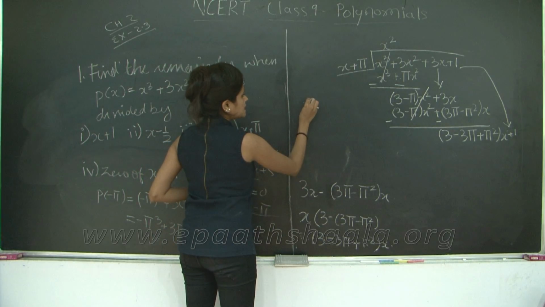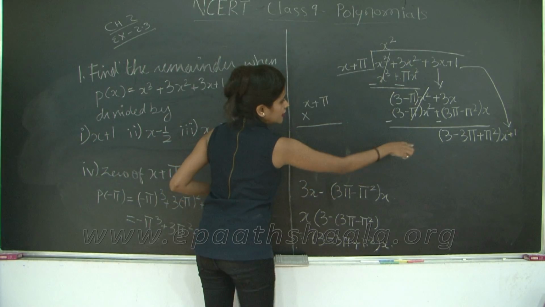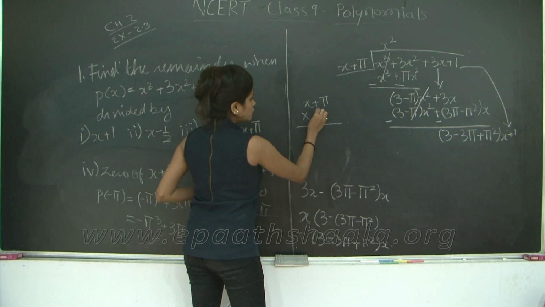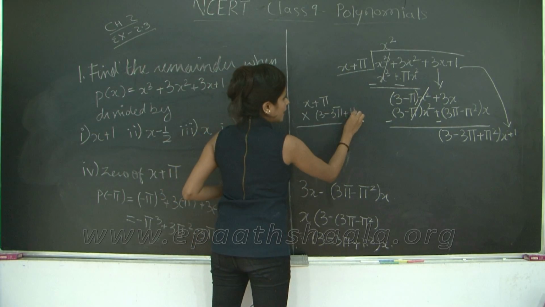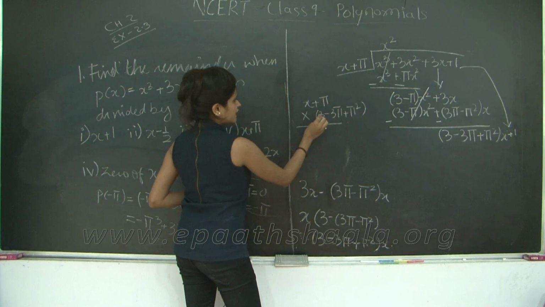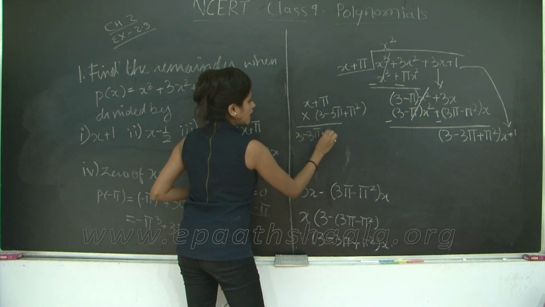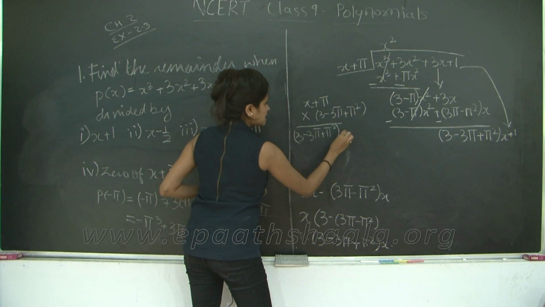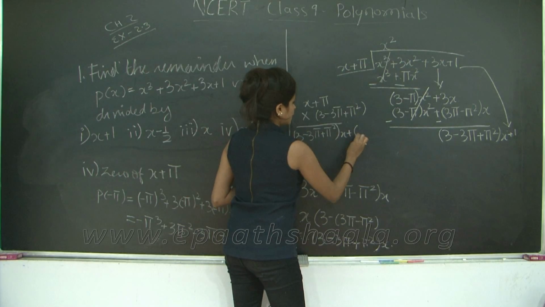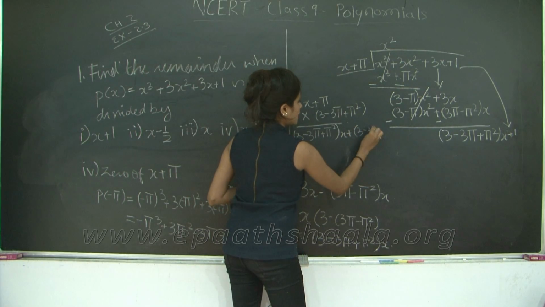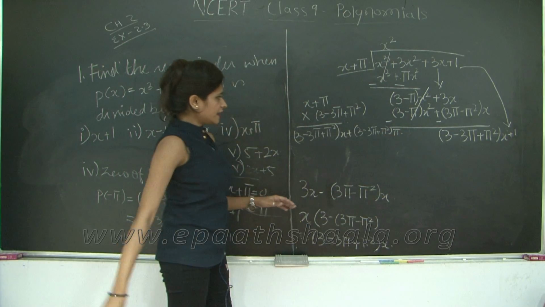So x plus pi into what is going to give me this term, into 3 minus 3 pi plus pi square? This will give me 3 minus 3 pi plus pi square into x plus 3 minus 3 pi plus pi square into pi, right?